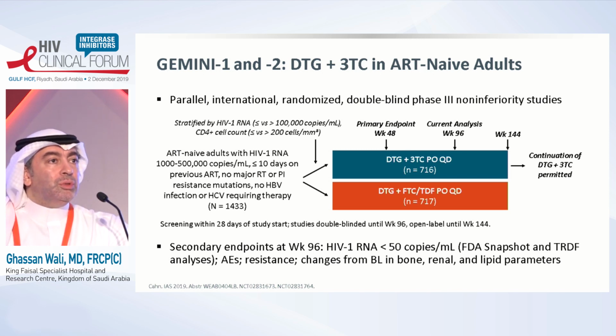The choice of a 2-drug-based regimen is a hot topic in HIV medicine these days. The GEMINI trial has been discussed by Roger extensively, but when it comes to its utility here in Saudi Arabia, this combination is still not available, of course. My personal view on this strategy or regimen is two things.